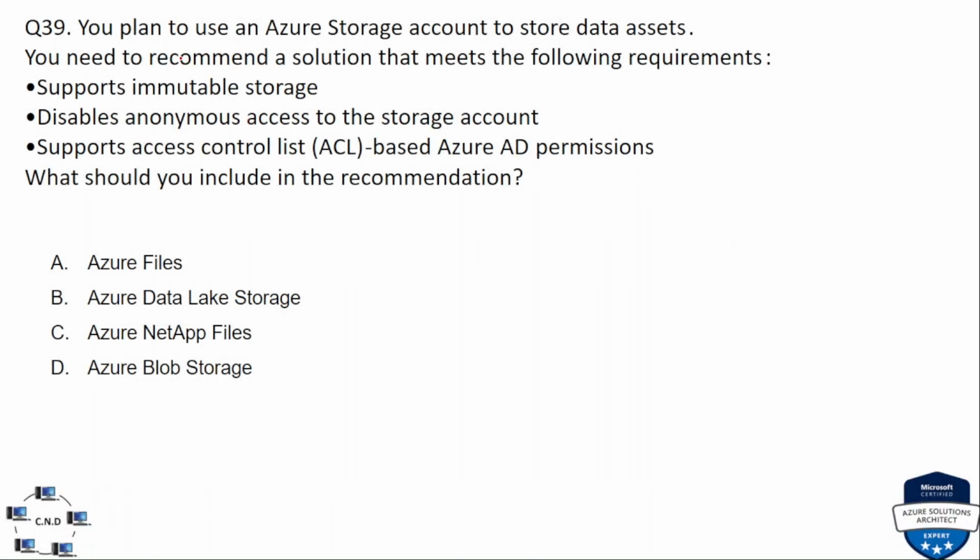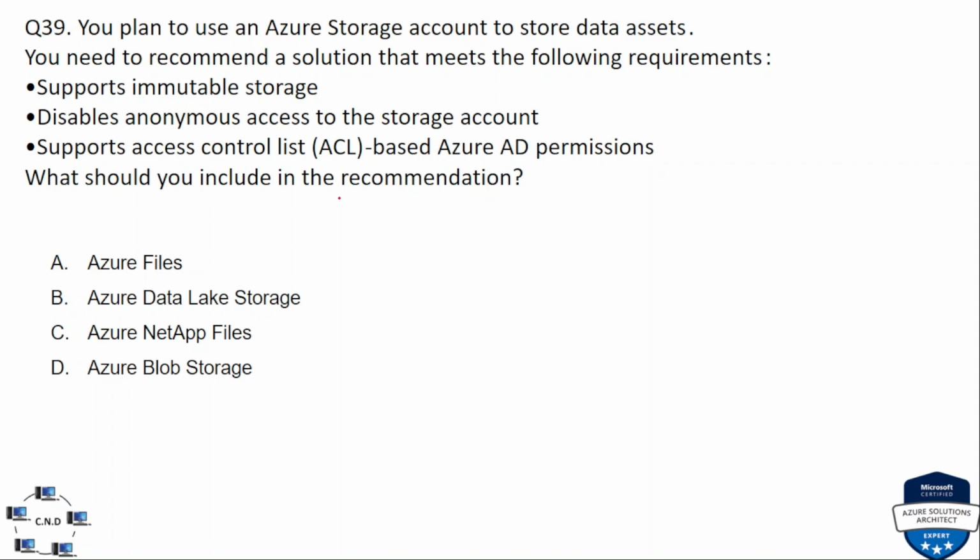Question number 39. You plan to use an Azure storage account to store data assets. You need to recommend a solution that meets the following requirements. The requirements are: supports immutable storage, disables anonymous access to the storage account, and supports access control list based Azure AD permissions.